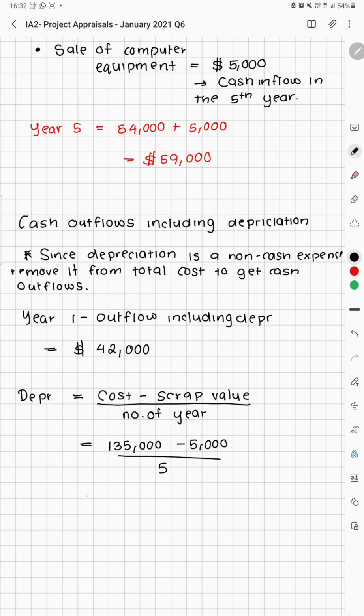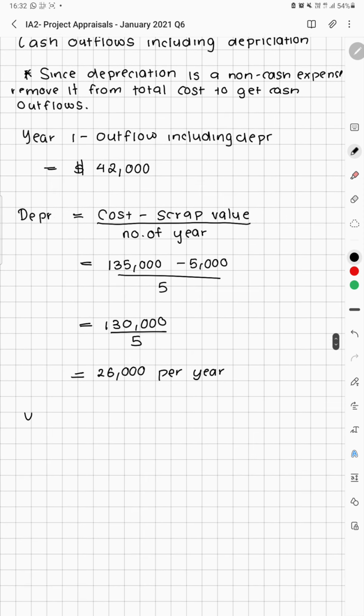Very good. So we have 130,000 divided by 5 years, which is basically 130 divided by 5, 26,000 per year. And that you minus it. Okay, so then year 1 cash outflows will be 42,000 minus 26,000.